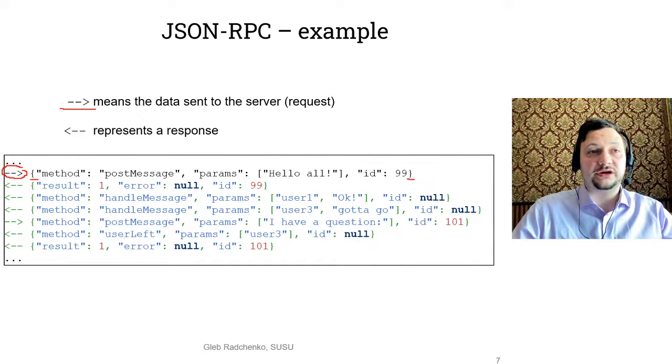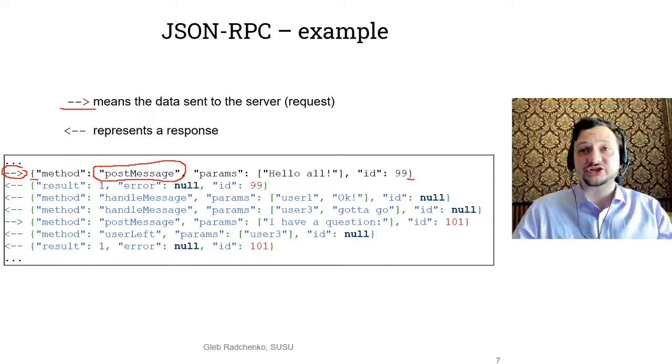So what does our client want our server to do? Right now, our client wants to invoke the method with the name postMessage. This is the name in the method field of this request. Okay, so the server now understands that our client wants to post some message.